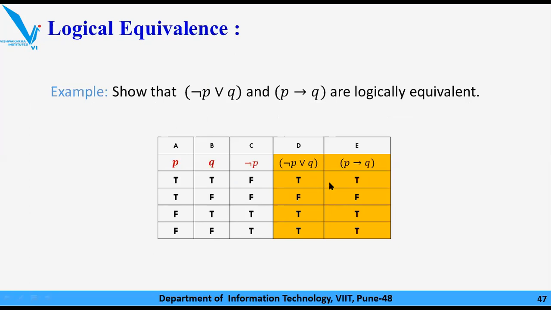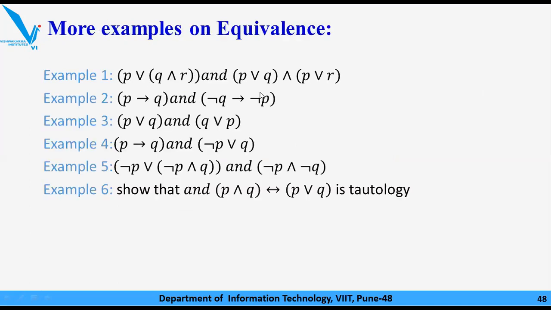After having this, I will look at whether these two expressions have the same truth value in all cases. Here in the first case it is the same, in the second case it also has the same truth value, but in the third and the fourth it does not have the same truth value. So I can say that these are not logically equivalent expressions.